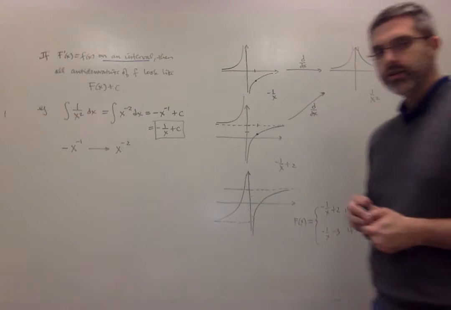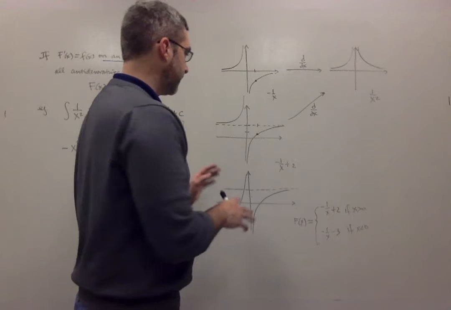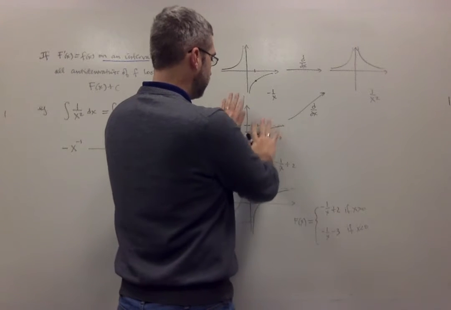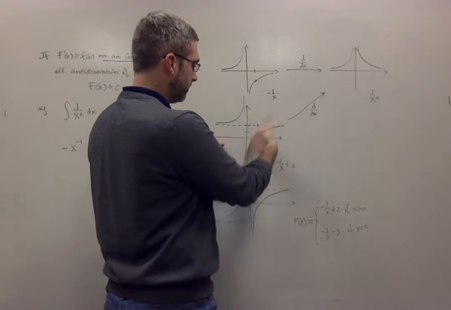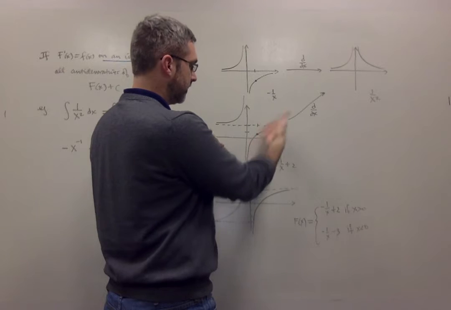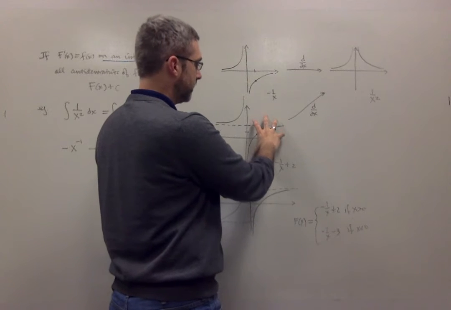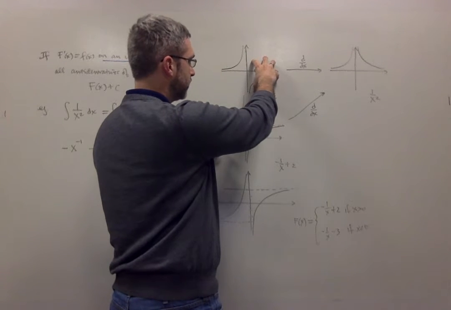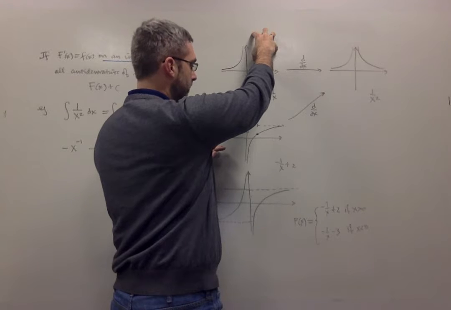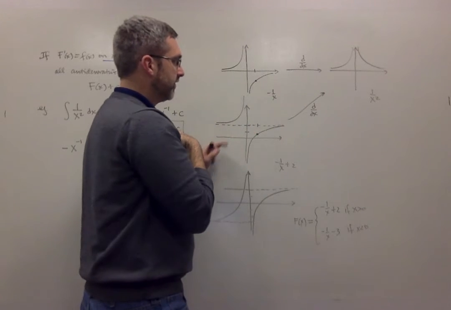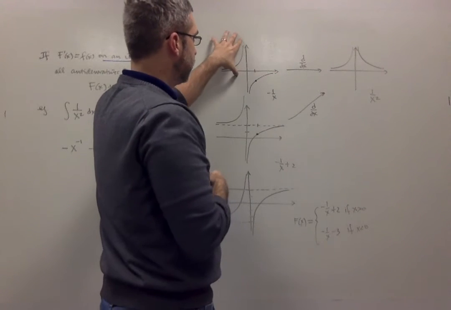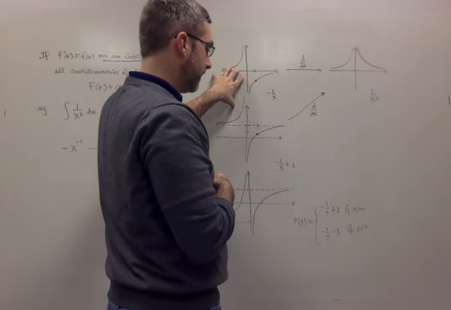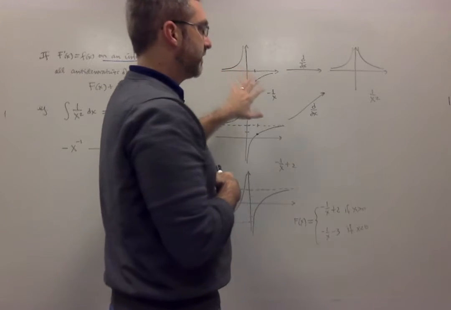What I want you to notice here is that if I'm taking discontinuous pieces, so this part is continuous. If I take this continuous piece and shift it up 2, that is not going to affect the derivative anywhere on that piece. And if I take this piece and shift it down by 3, that's not going to affect the derivative there.